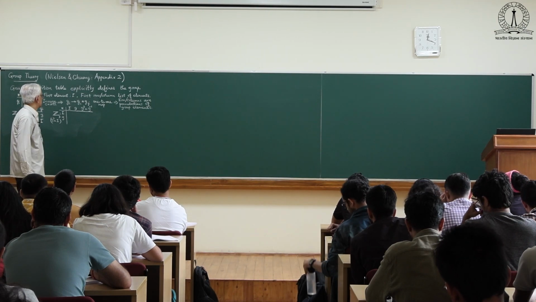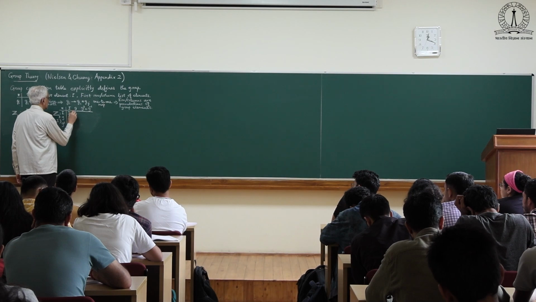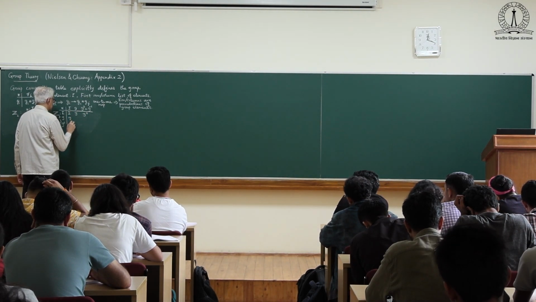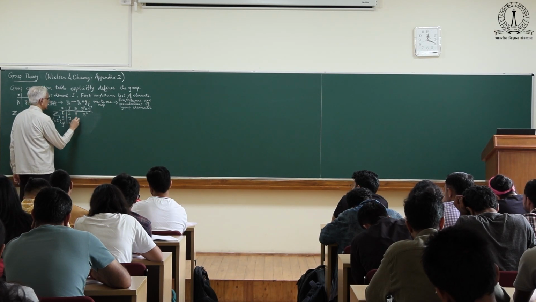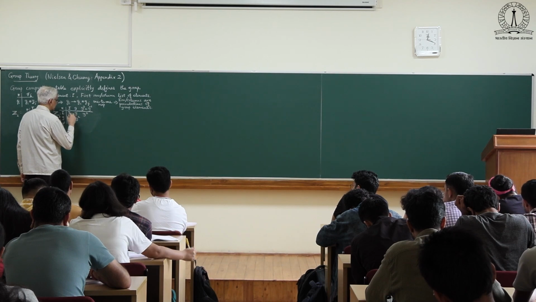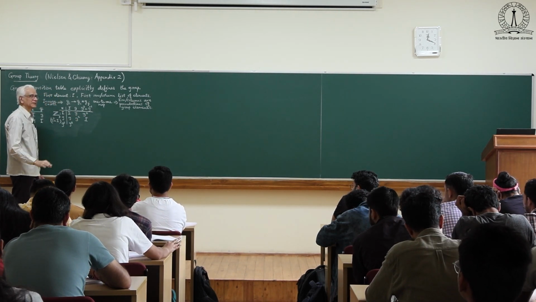And that is a 3-element group, and now you can fill in all the list I, G, G square. G times G is going to be G square, G times G square is going to be identity. Nothing but permutations will come.